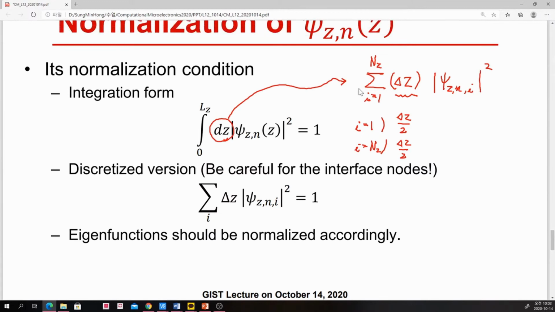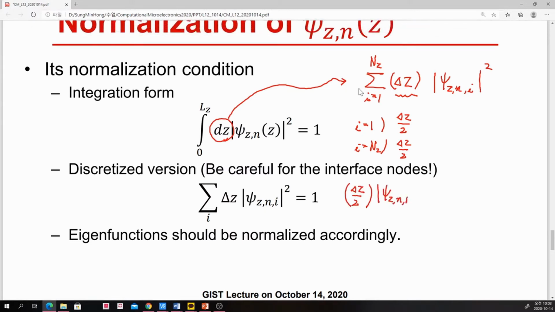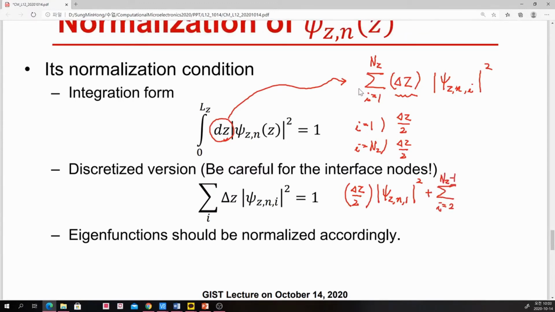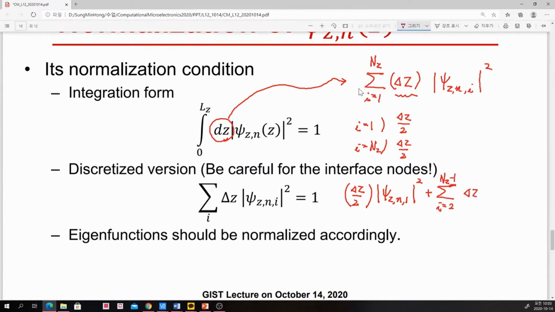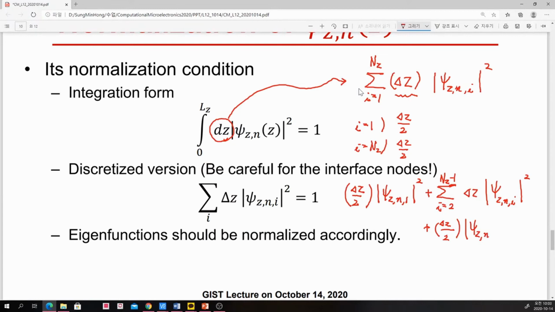So in order to make it more accurate, then we have to have half of delta z multiplied by psi_n at 1 squared, and starting from i equal to 2 to n_z minus 1 for all bulk nodes, we can just use delta z, and here we have psi_n at i squared, and finally here delta z over 2 and psi_n at n_z squared.